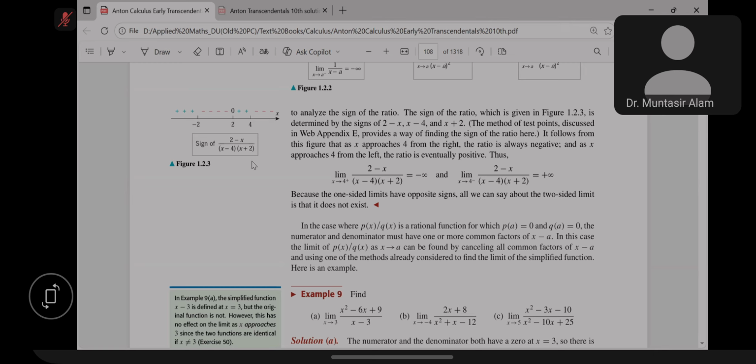And now, if I directly put x equal to 2, what should be the function value? If I put x equal to 2, the value is 0. That's why on top of 2, a 0 has been placed. Okay, clear?